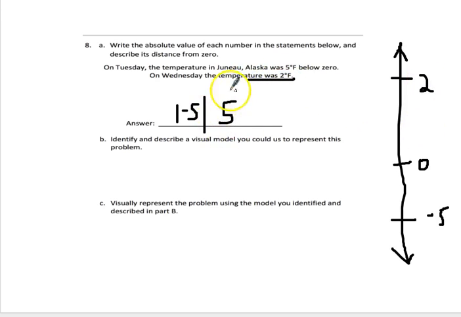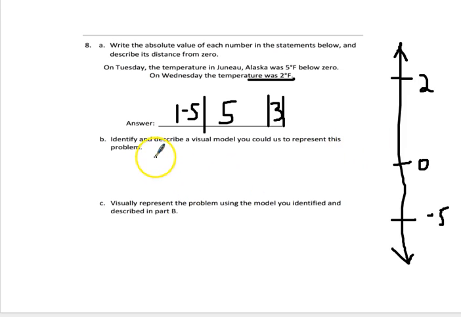So I'm looking at the distance. If I have 5 and the temperature was 2 degrees, what was the distance that you had for that? And the distance is 3. So if I have the absolute value of -5 and it is 2 degrees now, you're going to have to move 3 spaces to get to the 2 degrees.